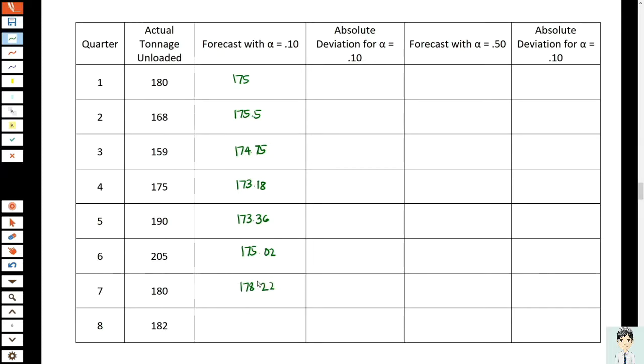And then lastly, for the 8th quarter, we have, tama pala, 178.22. Ito yung 22. Okay?